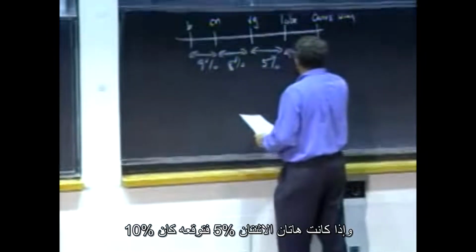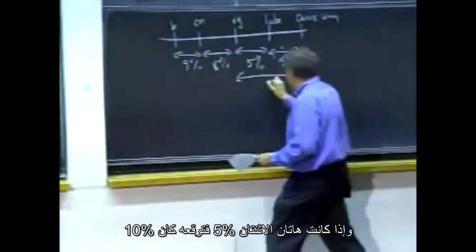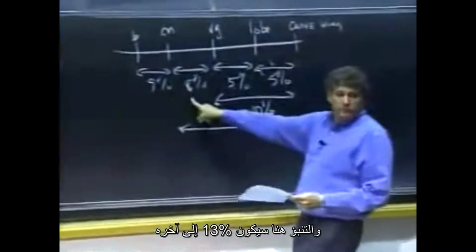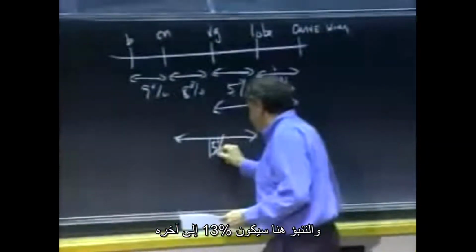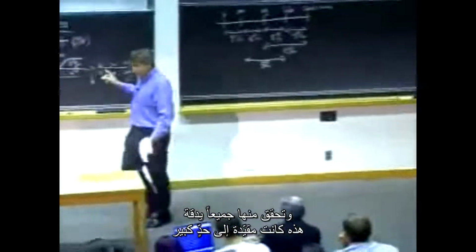And if these two were 5%, his prediction was 10%, and his prediction here would be 13%, and so on. And it all pretty closely checked out.